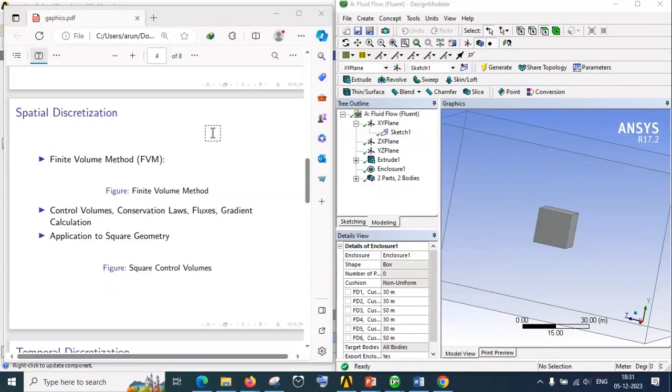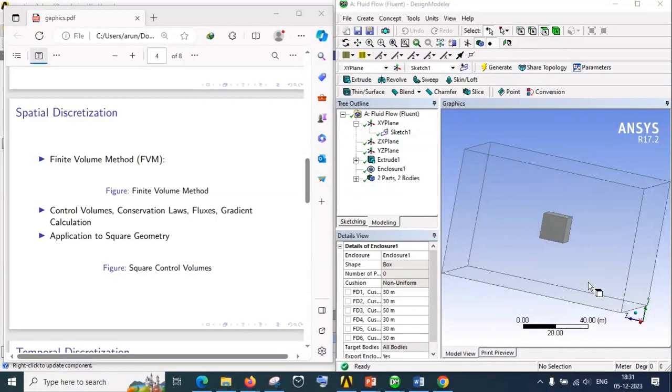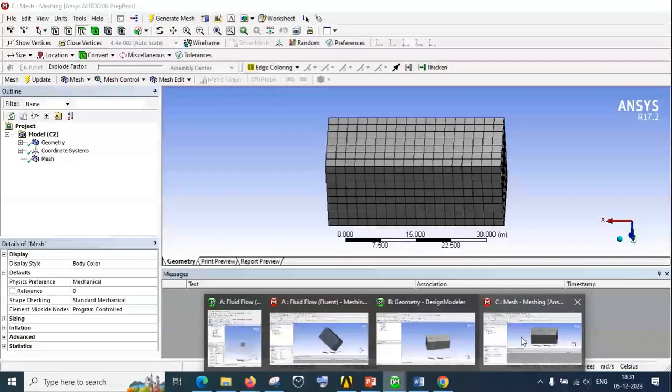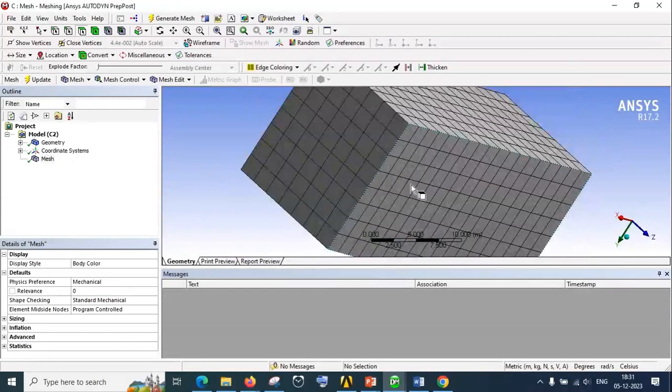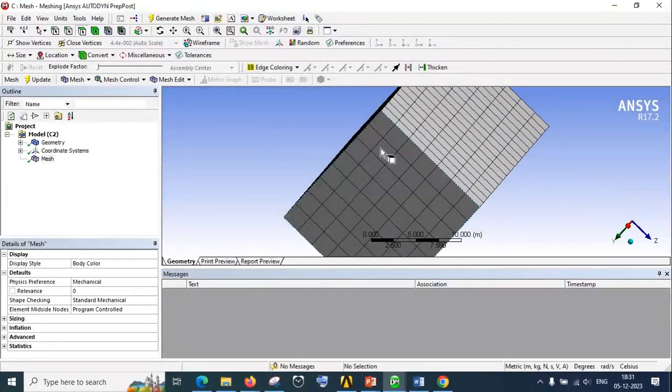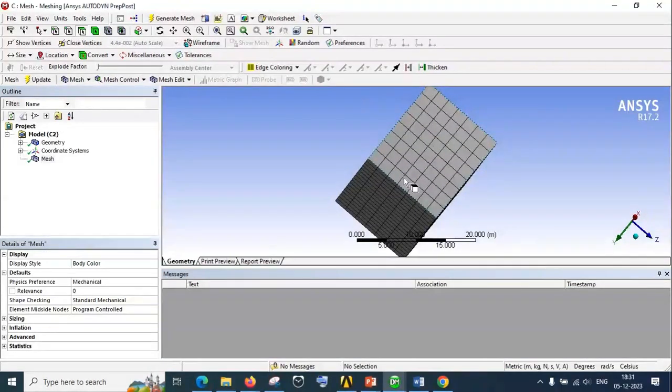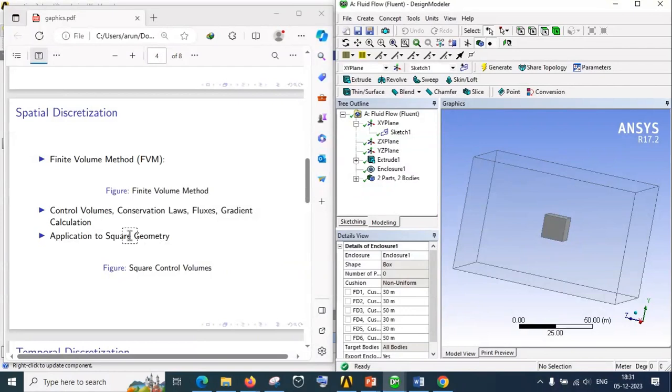Now our third important part of CFD is spatial discretization, which means the finite volume method. It uses a control volume to analyze the effect on the flow behavior in the whole domain, so we can analyze fluid behavior with the control volume and conservation law.